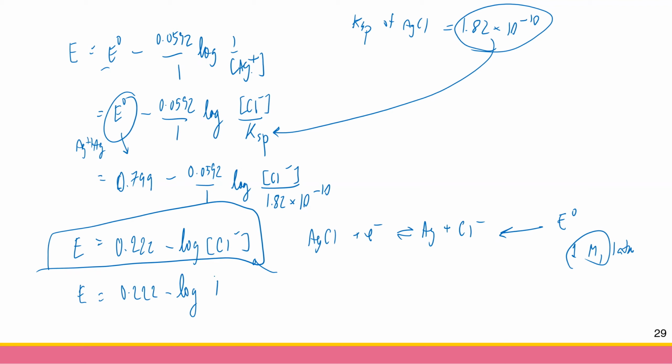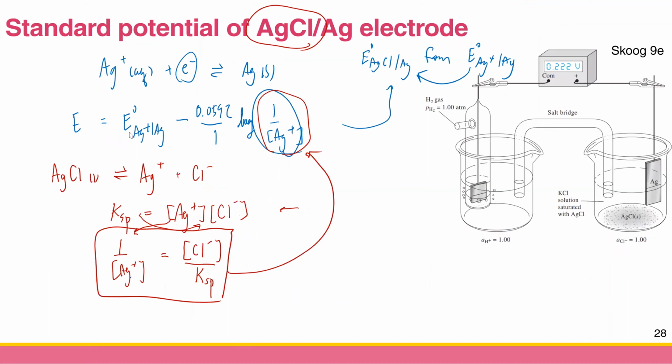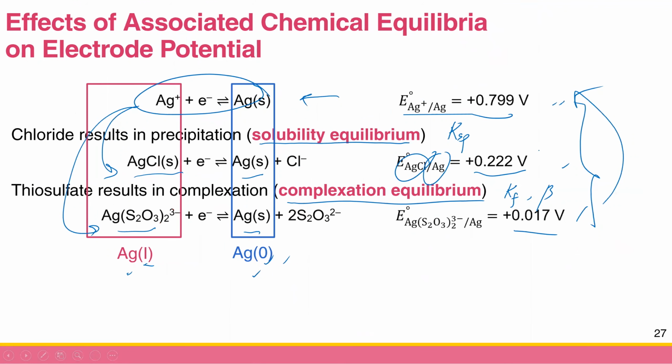And for mathematics, log 1 is 0, so this term is cancelled. So you get E naught equal to 0.222 volt for this reaction, silver chloride to silver. If we go back to the previous slide, you can see the number is the same, 0.222 volt.